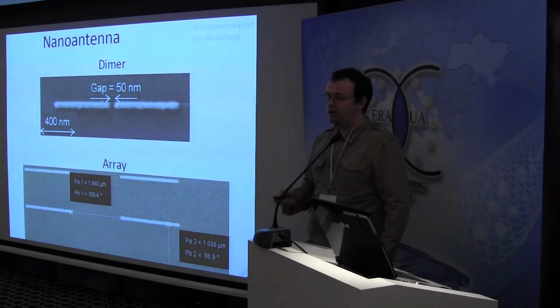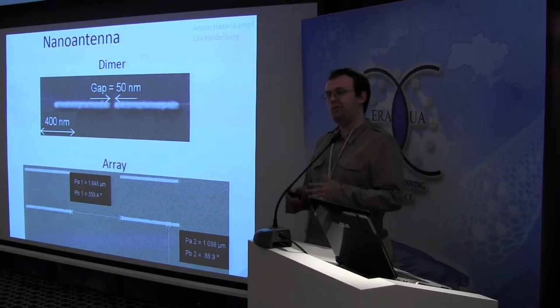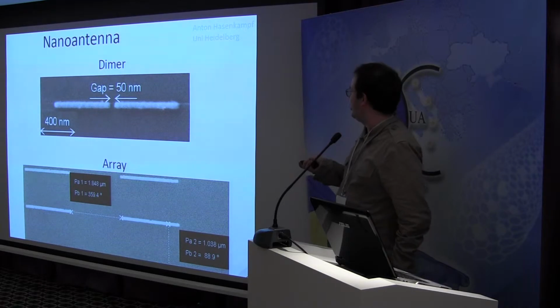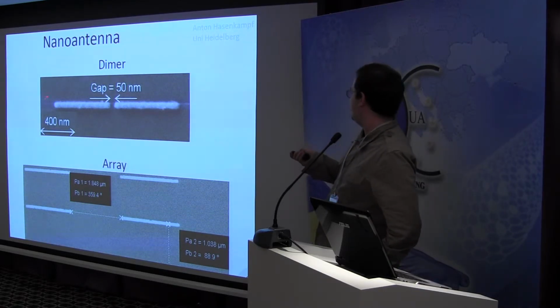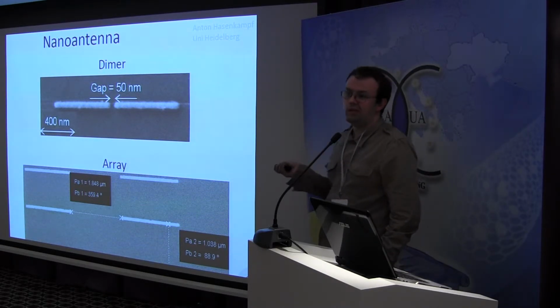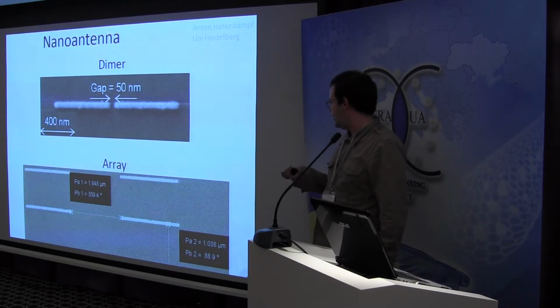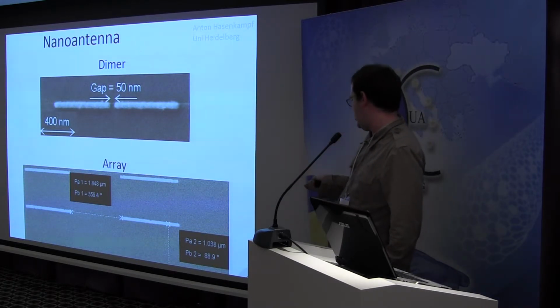And we don't just simulate antennas, we really make them. Here you see a dimer. It consists of two nano-antennas, and here you see a gap. In this gap, the electromagnetic energy is concentrated. And down below, you see an array.